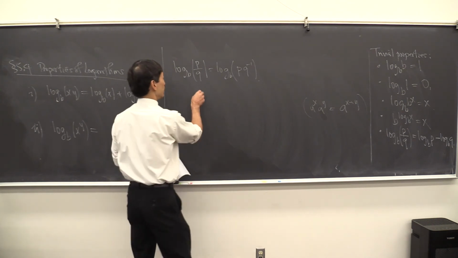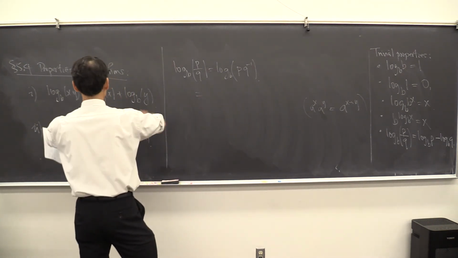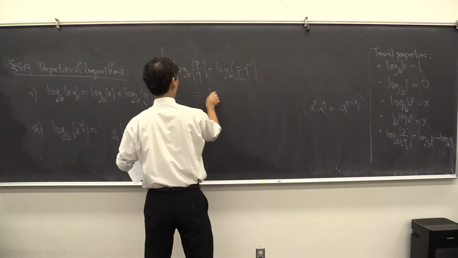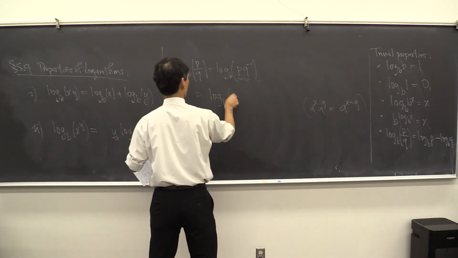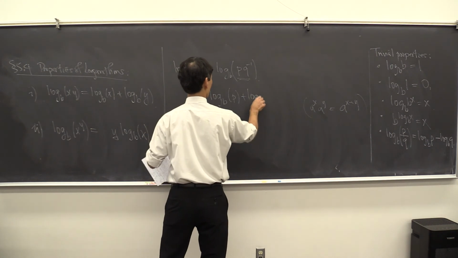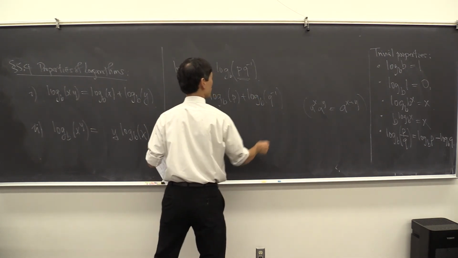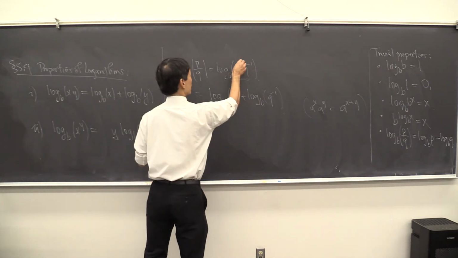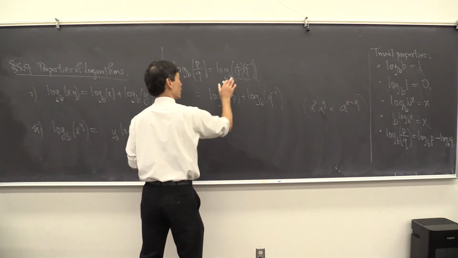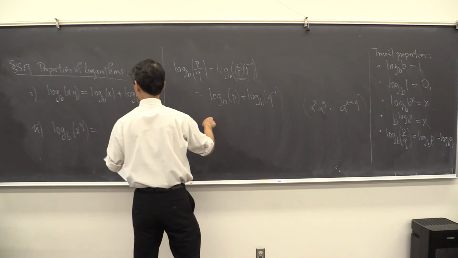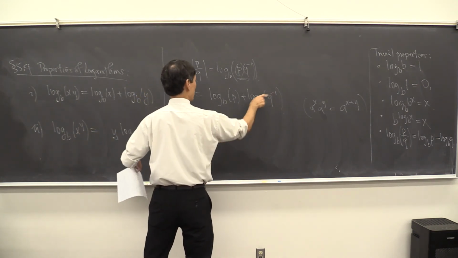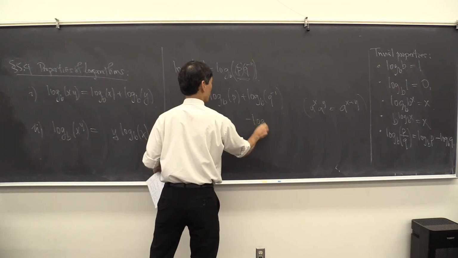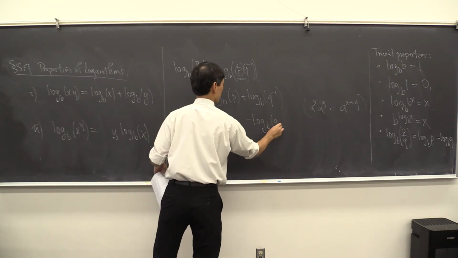And then we're just going to use these properties. Log of a product is the sum of the logs, so I'm going to write this as this plus this. We've got these two factors here. And then I'm going to use the second property, that log of something to a power is that power times the log.